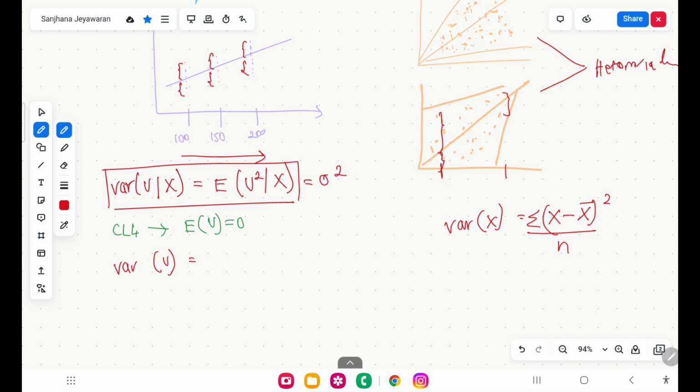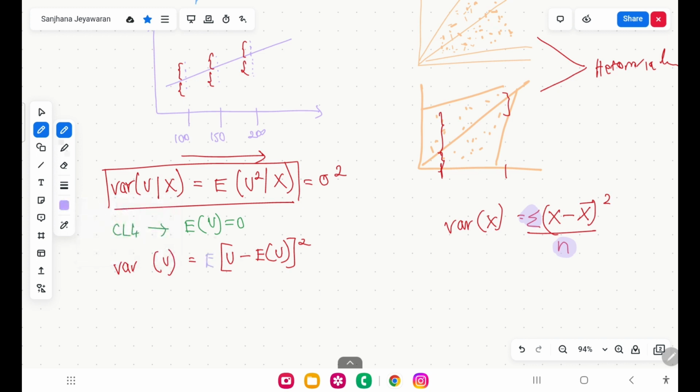Instead of x, we take u. Instead of x bar, we take the expectation of u. And we square this whole thing, take the summation and divide it by n, which means we are finding the mean, which is literally the same as expectation. That means I can write expectation over here.